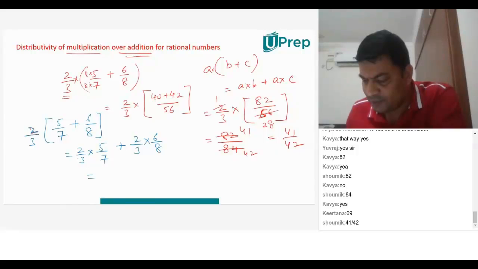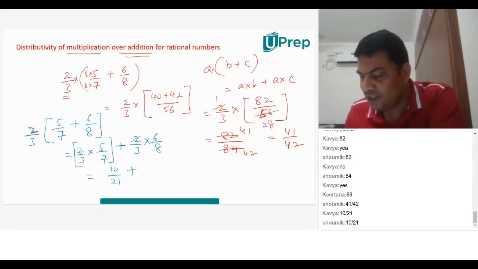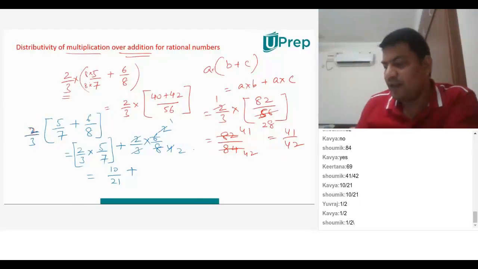Simplifying each part separately: 2 by 3 into 5 by 7 is 10 divided by 21. Plus 2 by 3 into 6 by 8 is 2 1s are 2, 4s are, 6 by 4 can be further simplified, 3 1s are 3, 2s are. Sir, it would be 2 by 4. 2 by 4 can be reduced to 1 by 2.